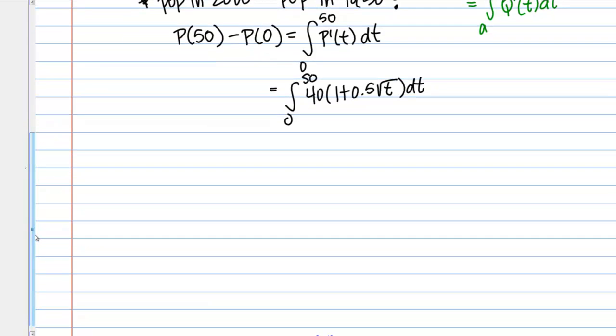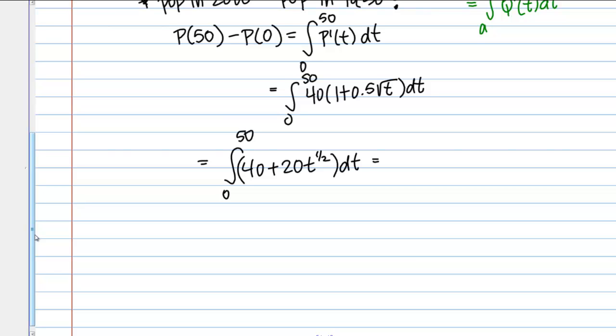Okay, so let's actually compute that integral. I can pull this 40 out front, or I can distribute it. It doesn't really matter. I guess I'll distribute it. So inside the integral now I'm going to have 40 plus 20 square root of t, but I'm going to write that as t to the 1/2 power.